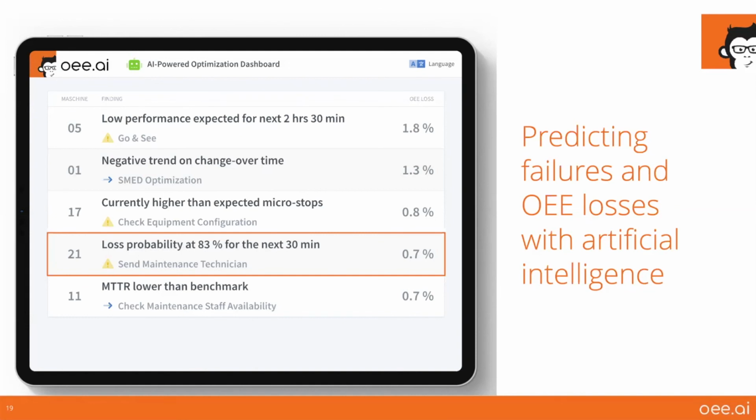Or you can find that there is a lower speed than expected, or a higher trend of microstops than expected. Go and have a look there. Like having real-time information telling people what to do. That's what we actually do the AI things for.